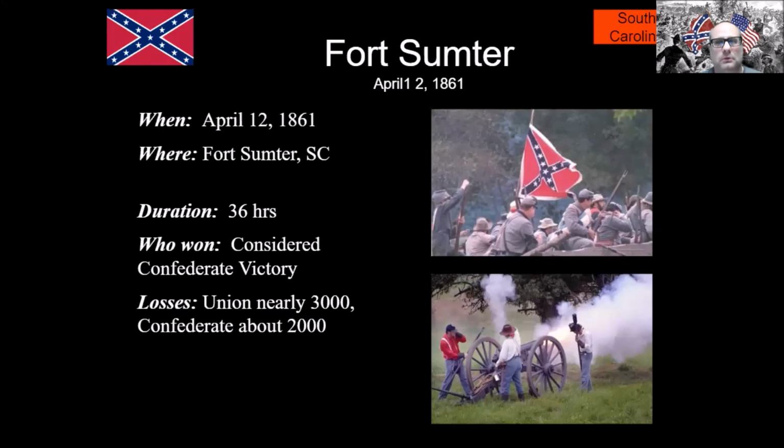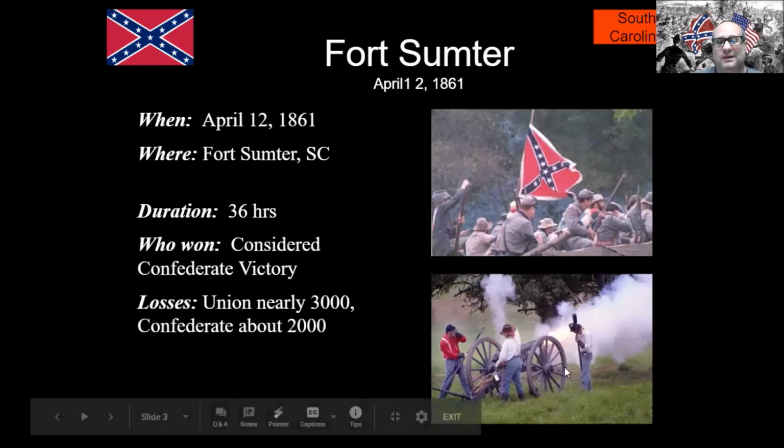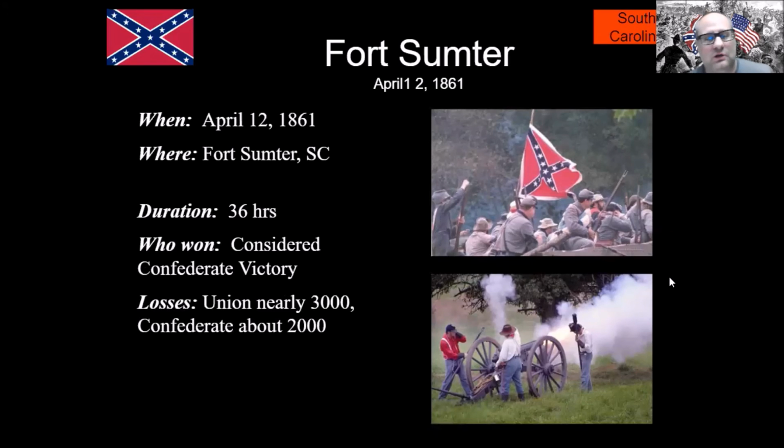It sounds like a long time, but when you didn't have helicopters and all you had was horses, and you had to pull these little cannons and things, and you had rowboats, 36 hours is pretty achievable.